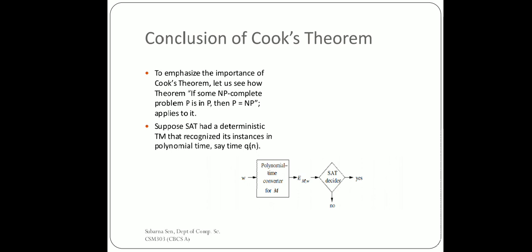Suppose SAT had a deterministic Turing machine that recognized its instances in polynomial time, say Q(n). We have already proved all this, so if it has a deterministic Turing machine, since we have seen that the total conversion or implementation can be done in a polynomial amount of time, we followed some approach.